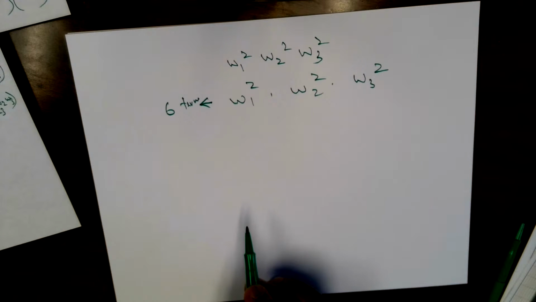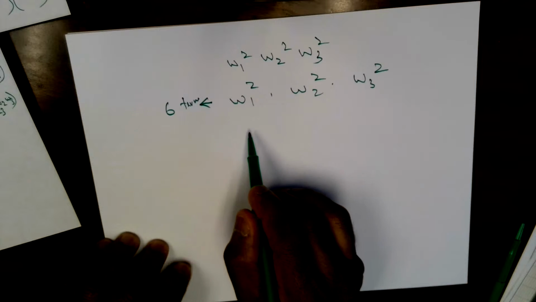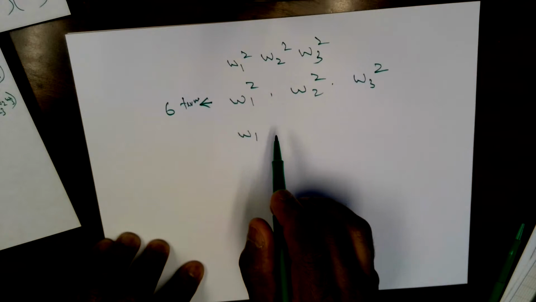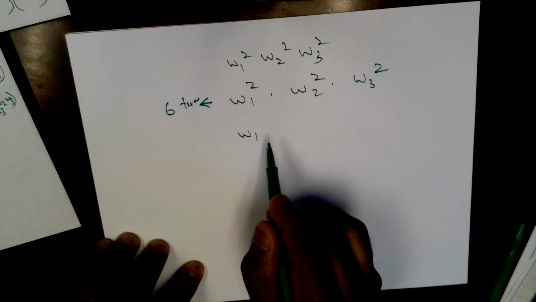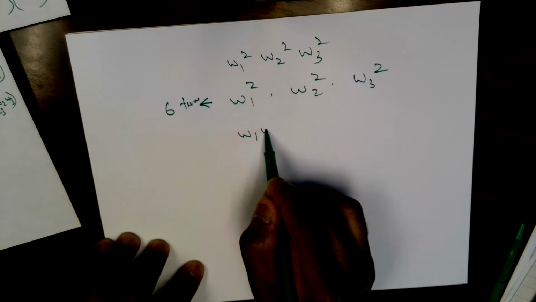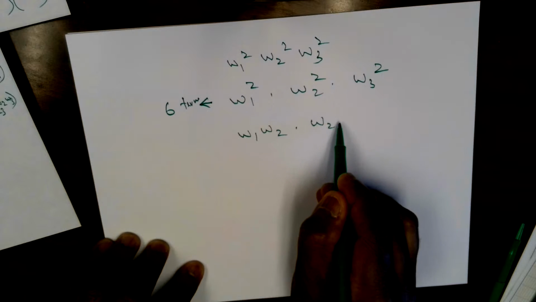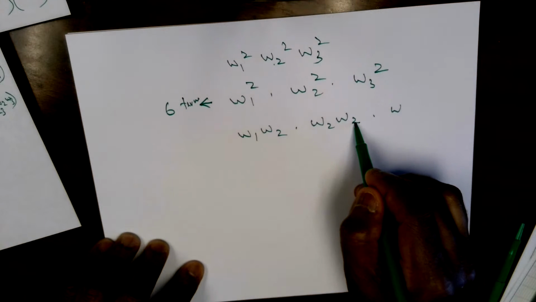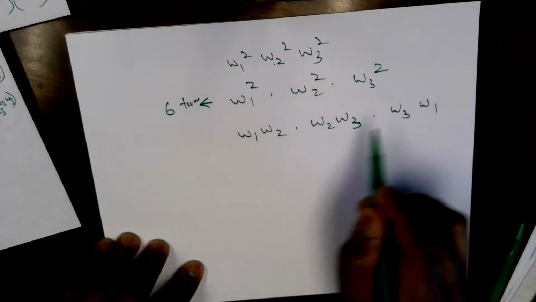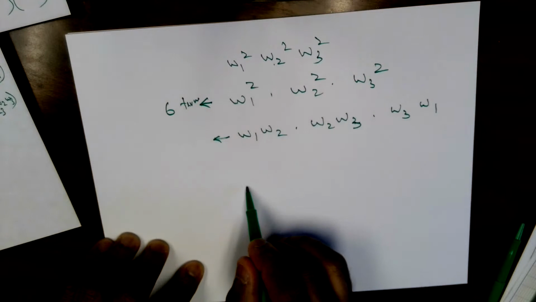And then you can have omega 1 squared, omega 1, omega 2, omega 2, omega 3, and omega 3, omega 1. That's another possibility. And there is one more possibility.